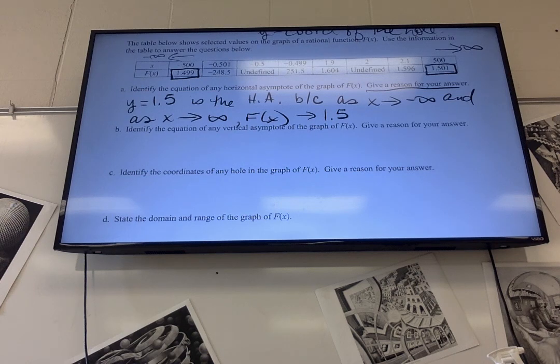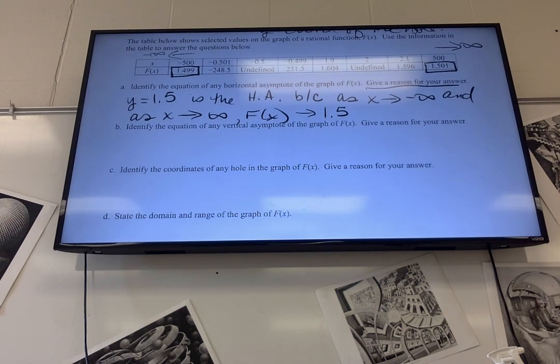Say that again. 500. Oh, yeah, okay. Oh, that's the x's. I mean on the y's. Really big, really small number on the y's. Negative 248. Yeah, these two. That's not negative infinity, obviously, but that's a negative big number compared to all the other ones, and a positive big number. And those are getting closer and closer to this.